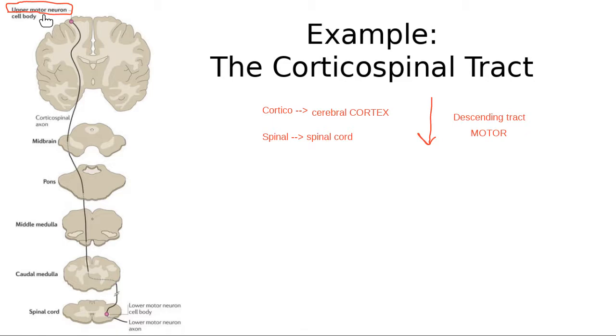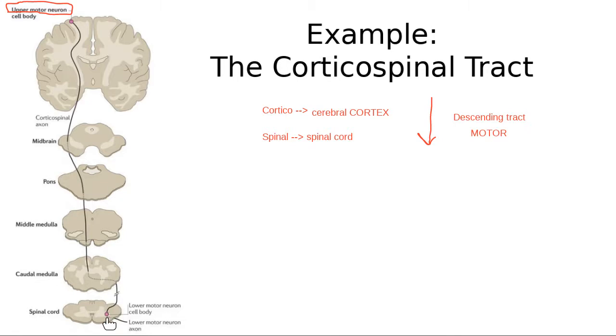The upper motor neuron is where the decision for what movement we're going to do, that's where it starts. So in the case of the corticospinal tract, we are starting on the pre-central gyrus. Our upper motor neuron lives here. It sends its axon all the way down through the brainstem, all this is brainstem stuff, till we get to the spinal cord, and we start traveling through the white matter of the spinal cord.